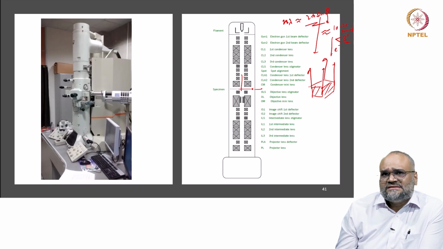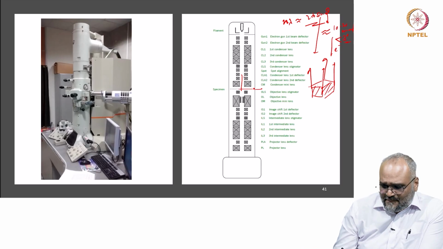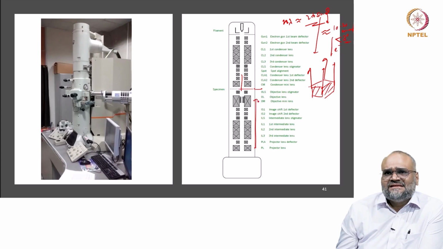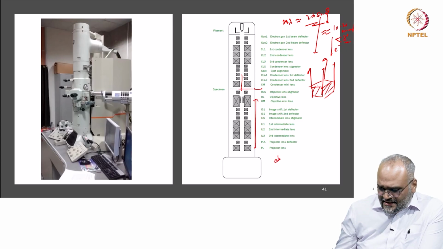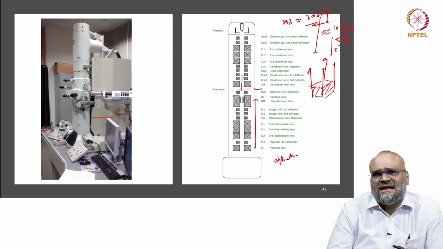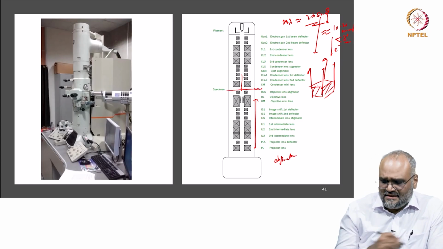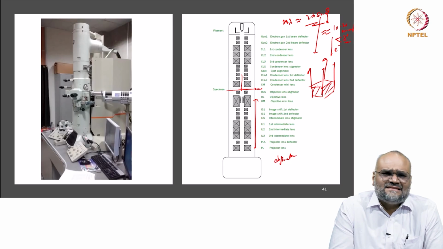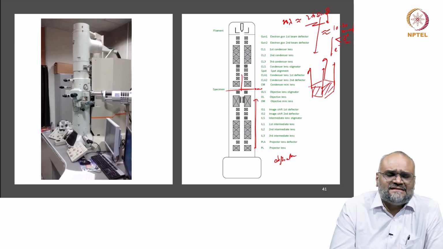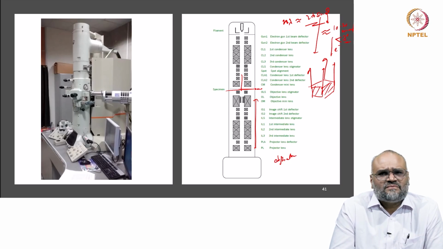Now, when I use the back focal plane as the object plane for the illumination lenses, I record the diffraction pattern. When I use the image plane of the objective lens as the object for the illumination lenses, what I record is the image.